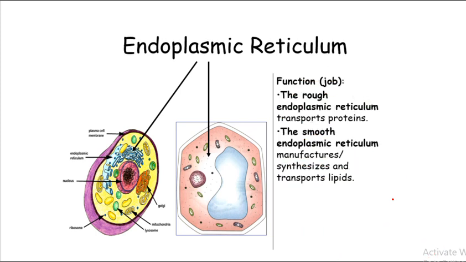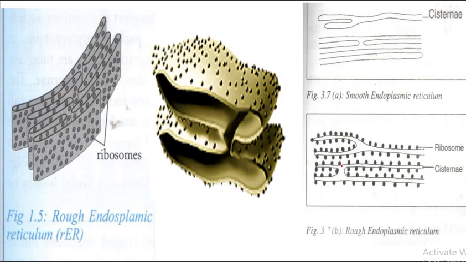Let's look at the role of the rough endoplasmic reticulum, and it transports proteins, while the smooth endoplasmic reticulum manufactures or synthesizes and transports lipids. Let's look at these diagrams. The first one we have is the rough endoplasmic reticulum.